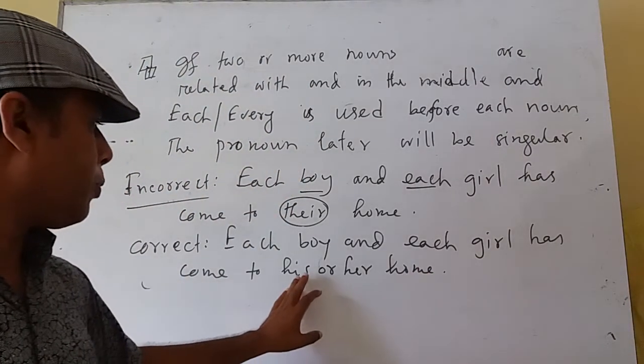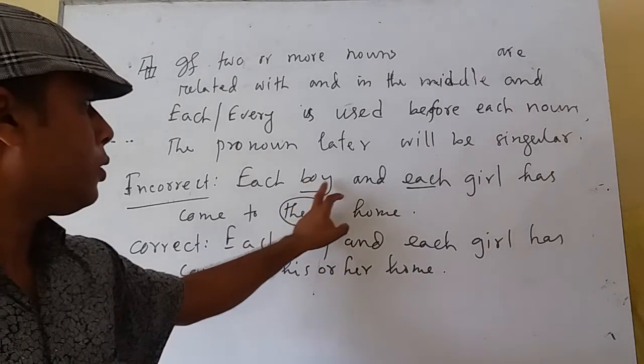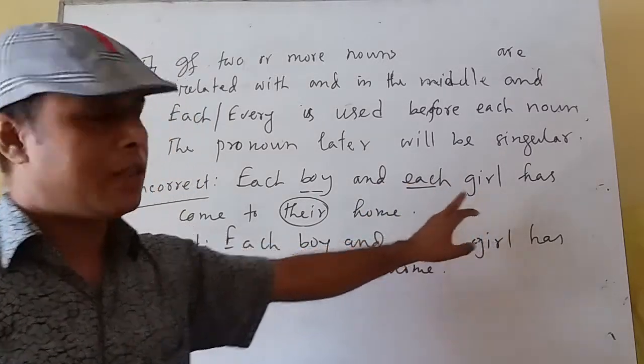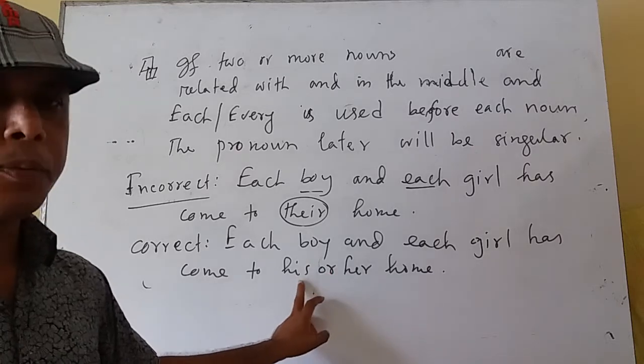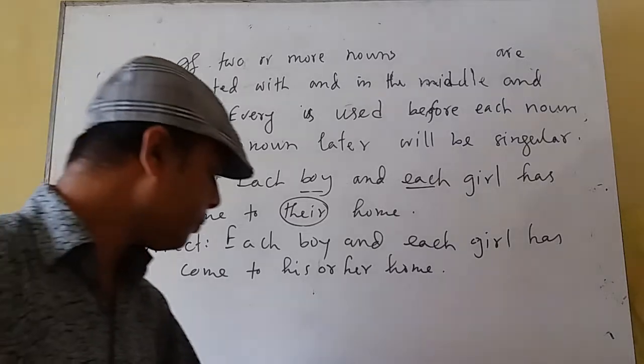We have to use here masculine and feminine, because of the two nouns, one is masculine and another is feminine. That is why we must use two singular pronouns with or.